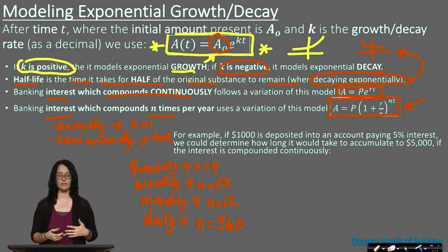So n is the number of times per year. And then your exponent is complicated. It's a product. It's n times t, the number of compoundings per year times the number of years. So it's basically the total number of compoundings. So how many times do they have to remultiply over and over again?